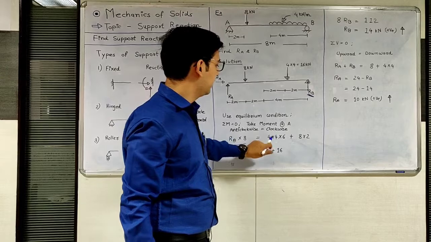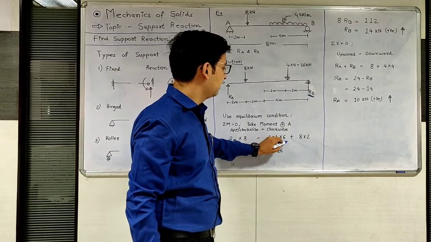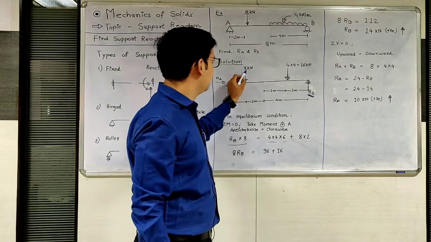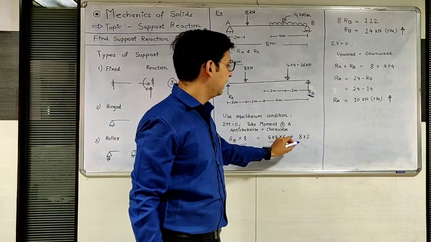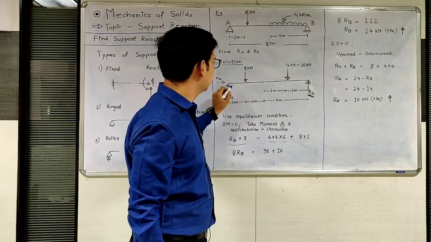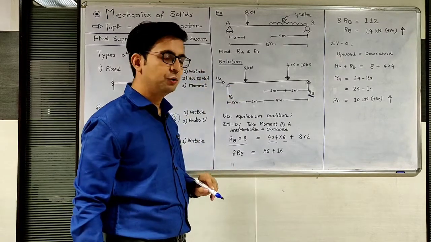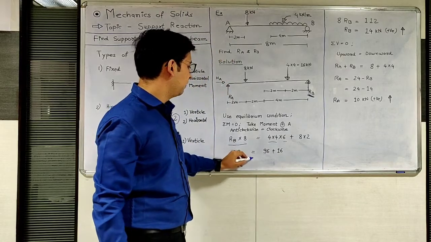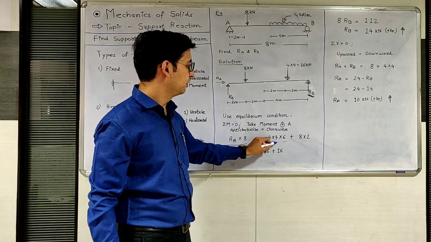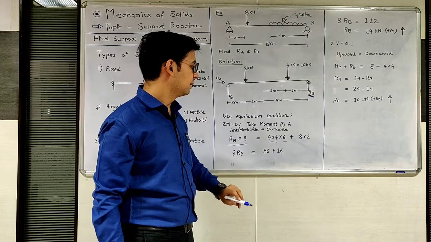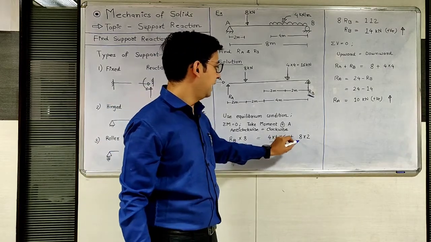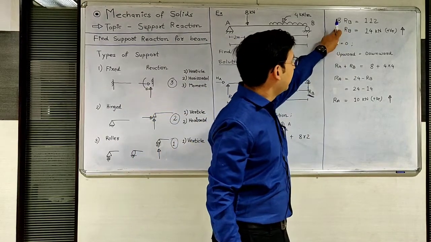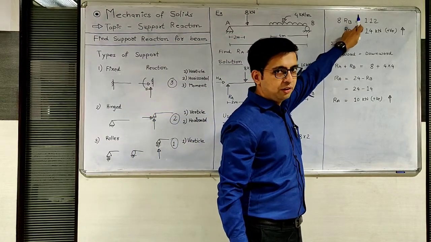So 4 into 4 is 16, and 6 is perpendicular distance from A. And second, due to this point load of 8 and perpendicular distance from A is 2. So 8 into 2. So 8 RB equal to 4 into 4, 16, 16 into 6, 96, plus 8 into 2, 16. So here 8 RB equal to 112.